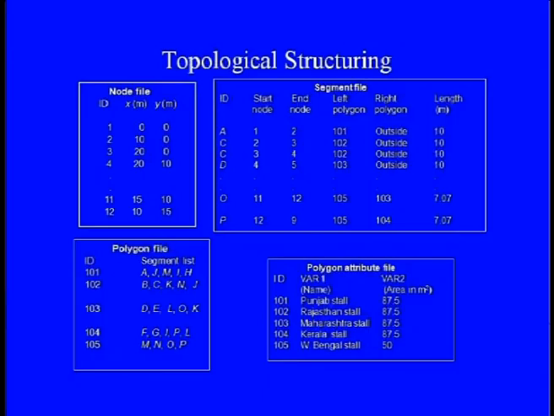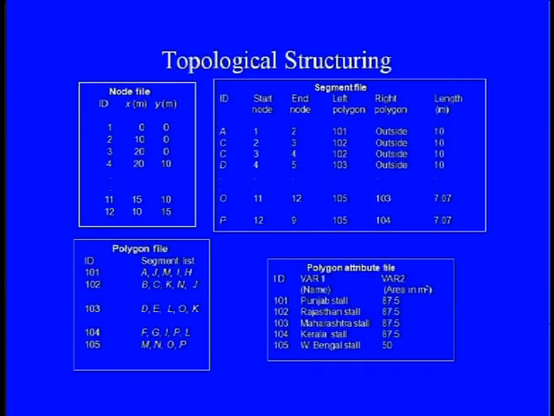So, what we do is, from this we create a polygon file, and this polygon file will now identify the typical regions occupied by each stall, and it will also identify the points which will form the area of this particular polygon.